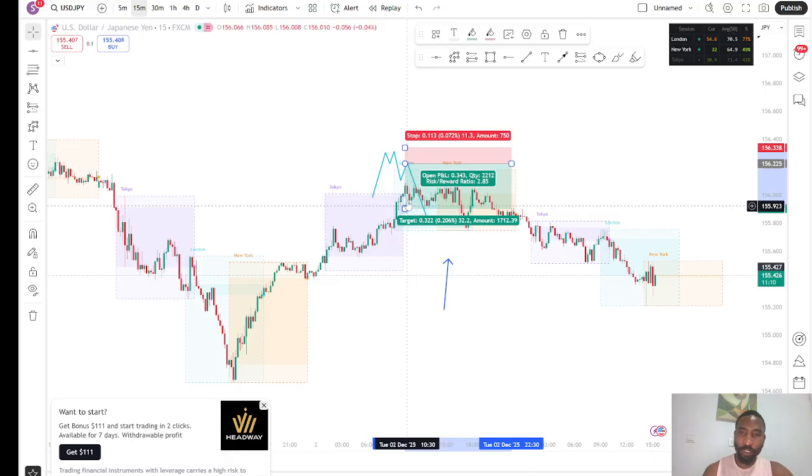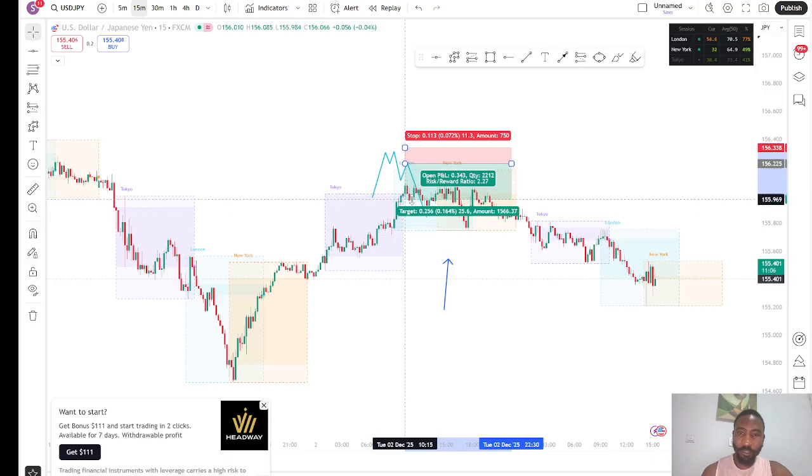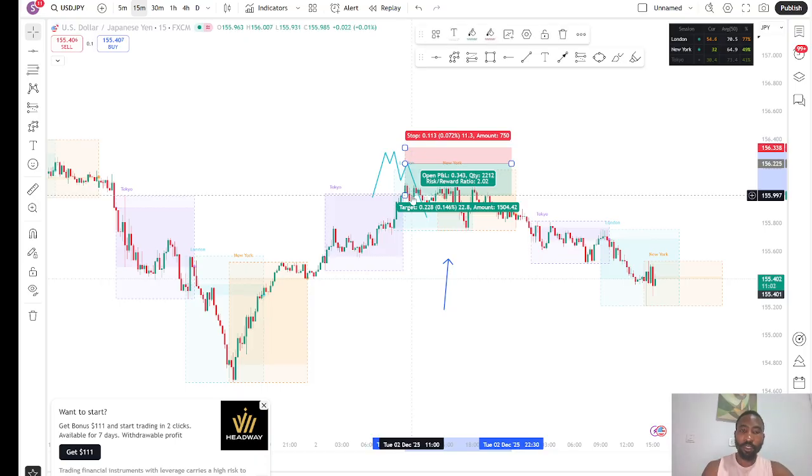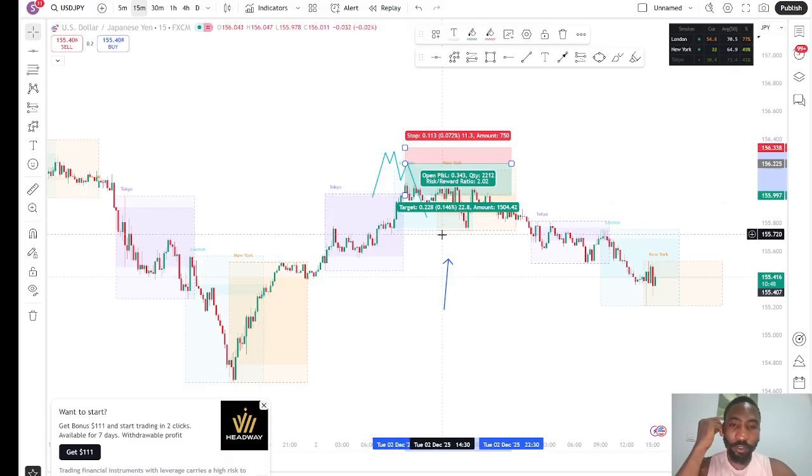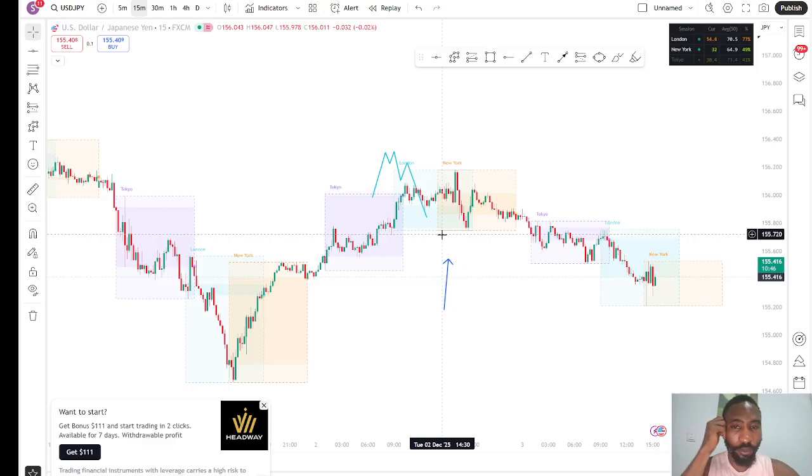Your TP can be at this point here, or you can decide not to put any TP and just hold your trade and see what the market gives you, based on what the time frame or the market structure is doing. That is the way you enter your trade using market structure.